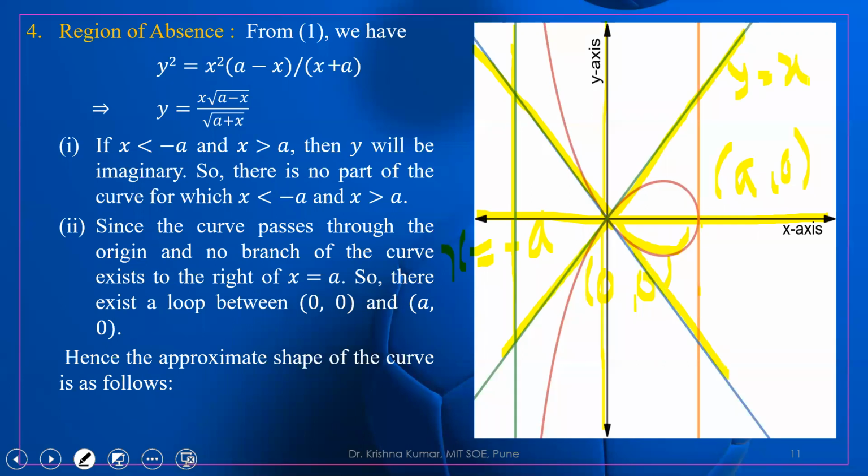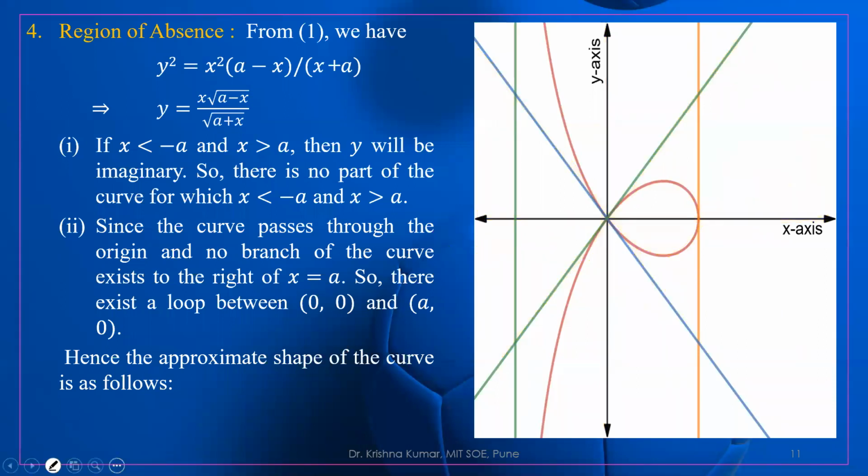Y is equal to x and y is equal to minus x are the tangents at origin, and this line is the asymptote for the given curve. So in this manner, you can trace the curve.